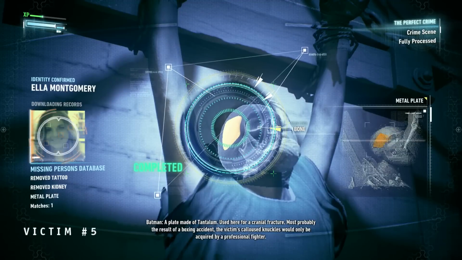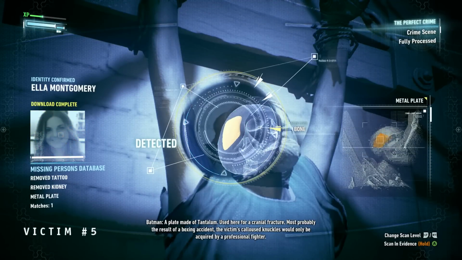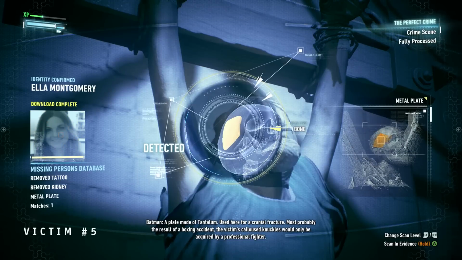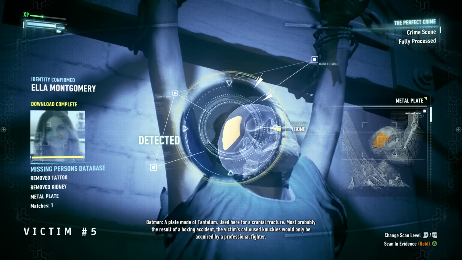A plate made of tantalum, used here for a cranial fracture, most probably the result of a boxing accident. The victim's callous knuckles would only be acquired by a professional fighter.